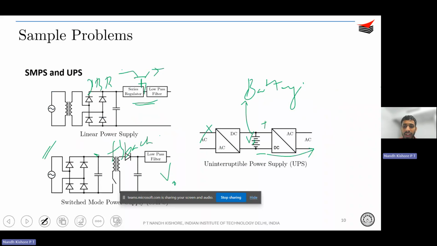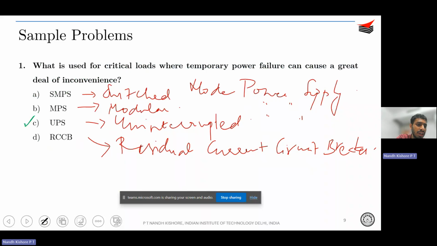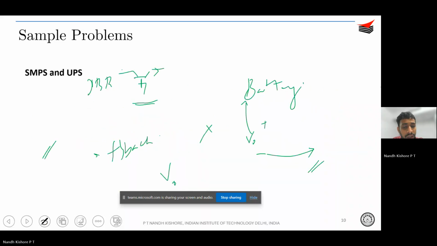Then you have inverters, and you can use your battery to supply your load. So the answer is obviously UPS. When the power goes off, you can always use your battery, which is your backup. And as long as your battery does not discharge completely, you can use UPS. You of course have them in your homes, correct? So the answer is UPS.